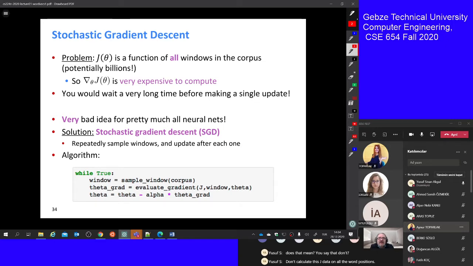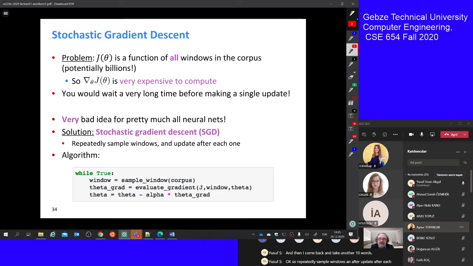Maybe just take 10 random words, calculate this J theta and this gradient on those 10 words, update your thetas accordingly, and then come back and take another 10 words. So repeatedly sample windows and update after each one.